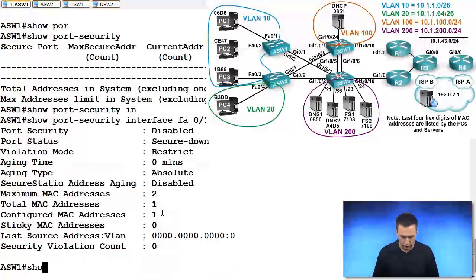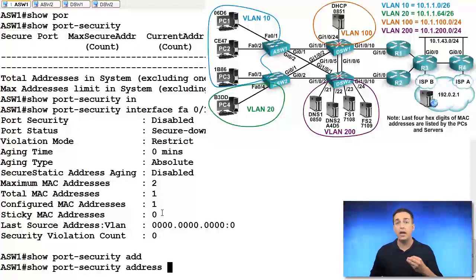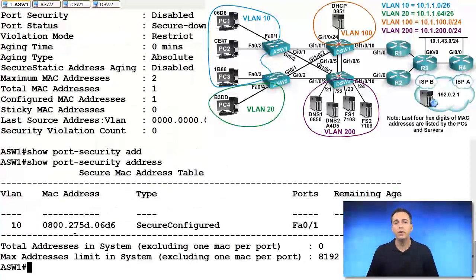Let's look at the output of show port-security address. This allows us to see the dynamically learned, statically configured, or sticky learned addresses. And we do have PC1's MAC address configured here as a secure MAC address on port FastEthernet 0/1.